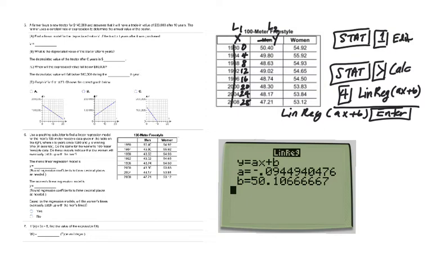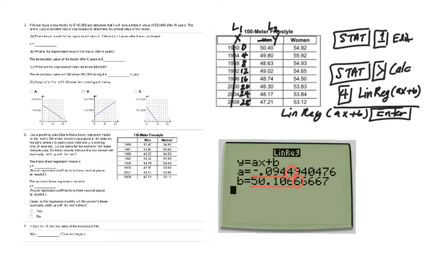So it says to round the regression coefficients to 3 decimal places. Here, be careful to make sure you round to 3 decimal places. So for A, we'll have negative 0.094 since this number is 4 or less. Okay, and then for B, we'll have 50.107 since this is 6 more than 5.